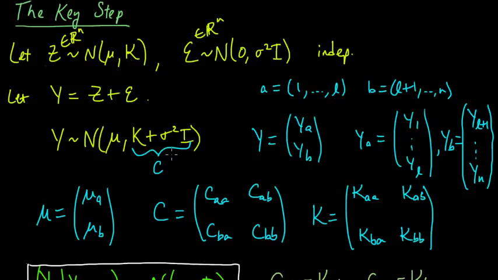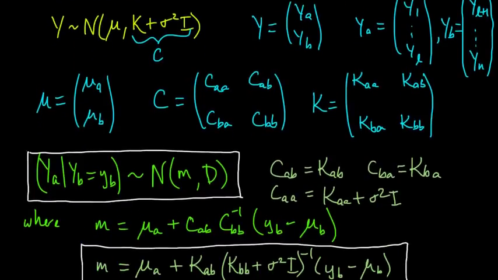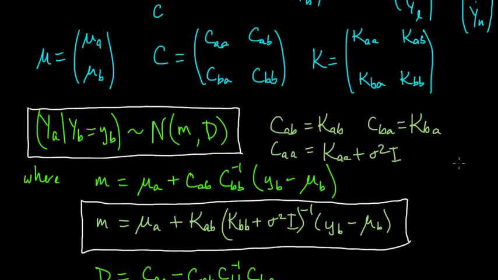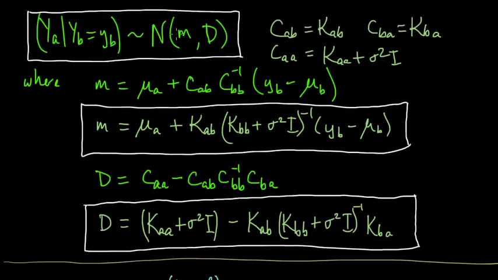And so now we know from this earlier video that the distribution of y is this, with mu tilde here. And we know immediately, we did all the work before, that this conditional distribution is this normal with mean m and covariance matrix D. So let's write down what this is.